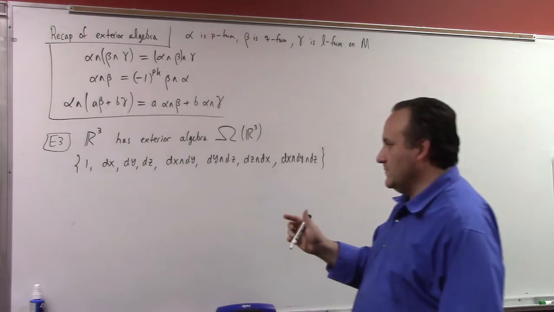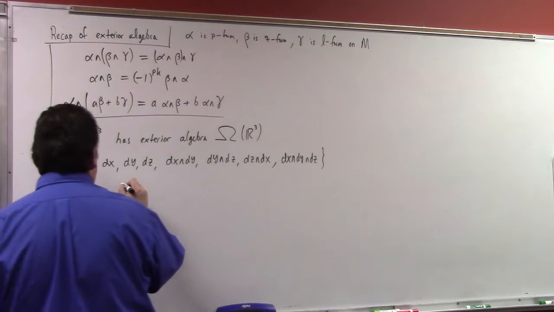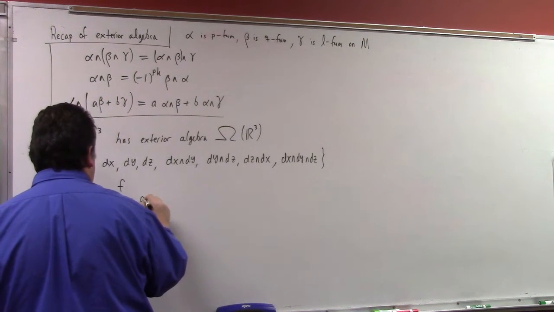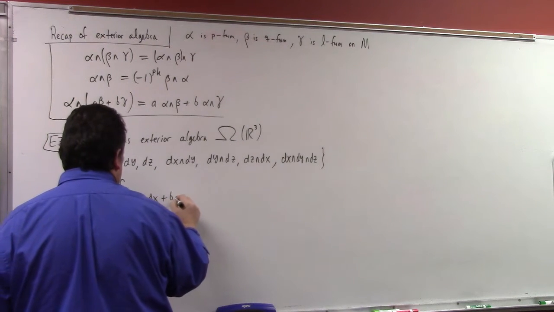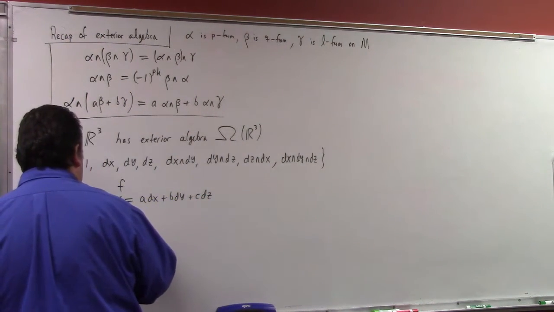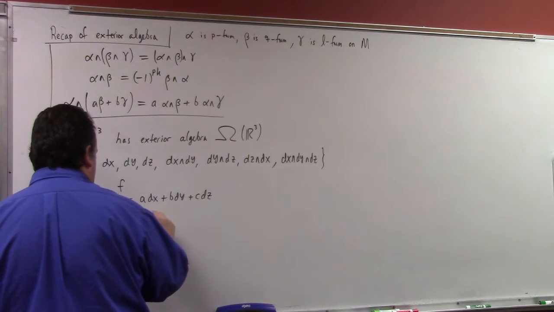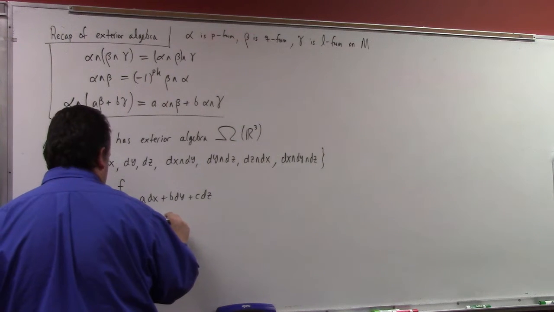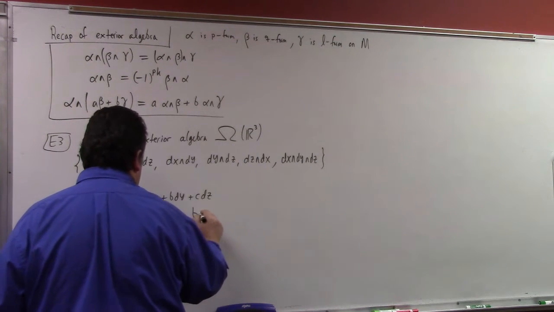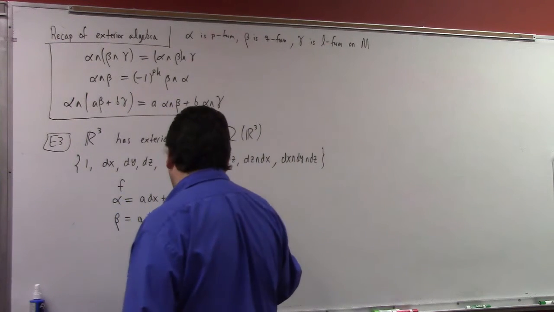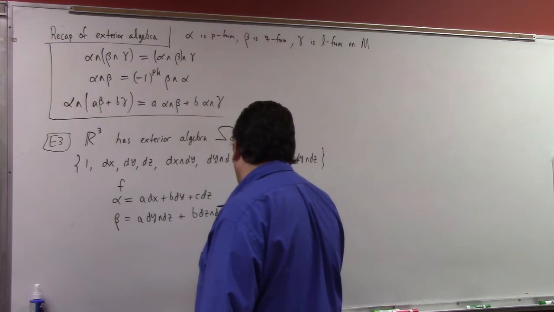You have alpha, which is something like a dx plus b dy plus c dz, right? Or you've got something like beta, let's say, a dy wedge dz plus b dz wedge dx plus c dx wedge dy, okay?